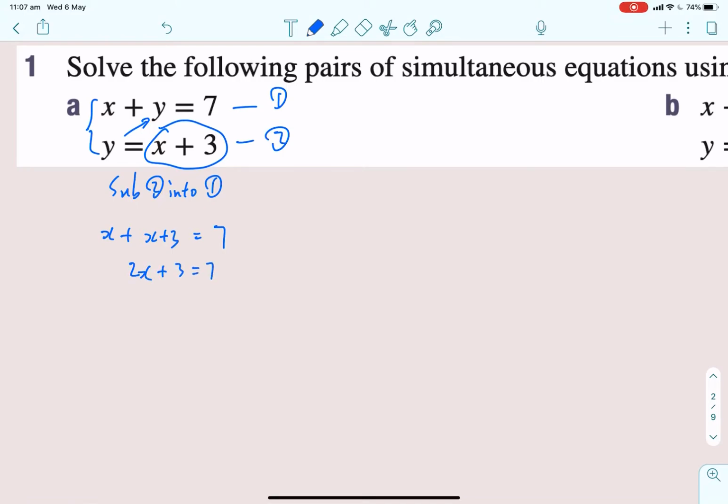Now this is the part where we need to know how to solve two-step equations. We already did it, but if you're not confident, just watch the other video about how to solve two-step equations. Now, to solve a two-step equation, we kind of do BODMAS backwards. We do addition and subtraction first, then multiplication and division, then indices, and then brackets.